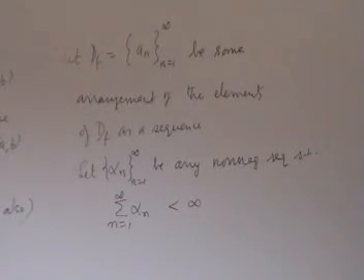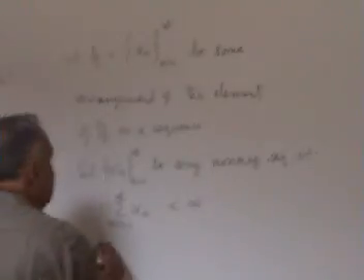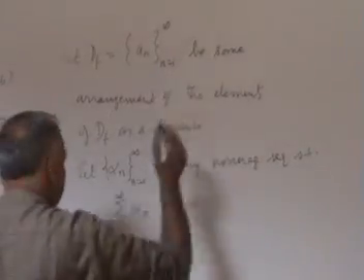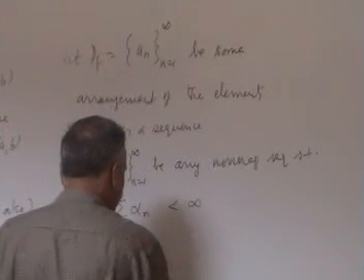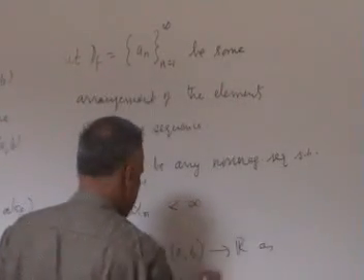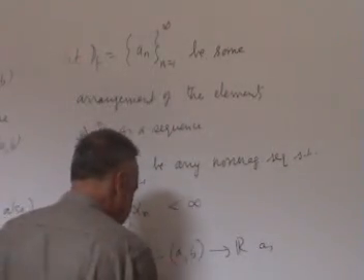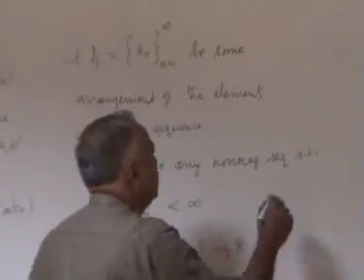Then, I have not yet defined the function. Define, because this is all in [a, b]. There is an interval [a, b] in which you are working. Define f mapping [a, b] to R as f of x. There is x.